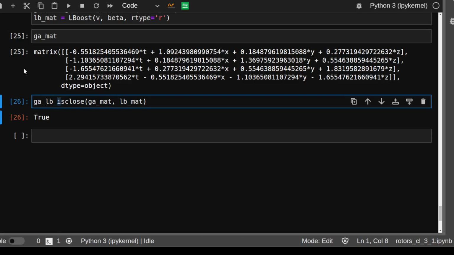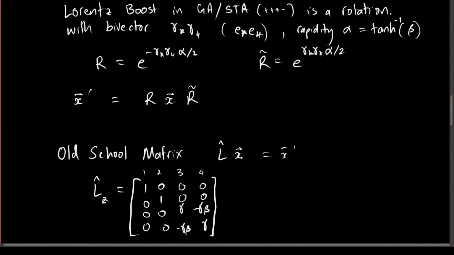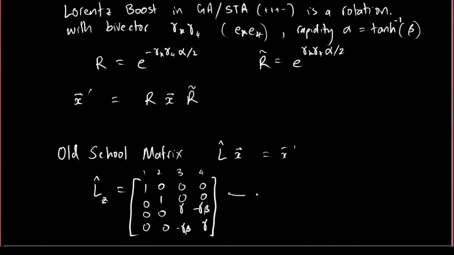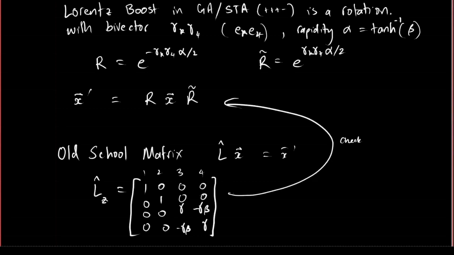Just wanted to show you that geometric algebra can be used very efficiently in computations, and what we've done is we used the matrix to check this today, but I think it's superior. It's actually better.